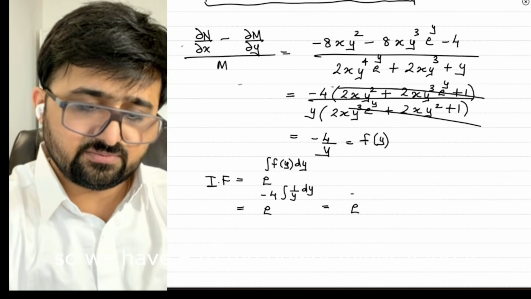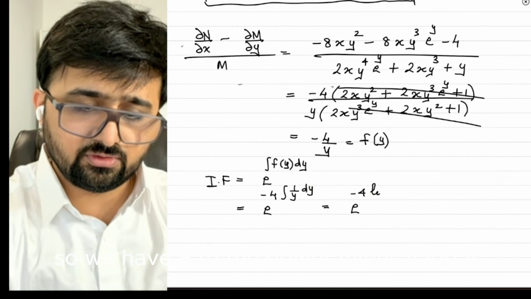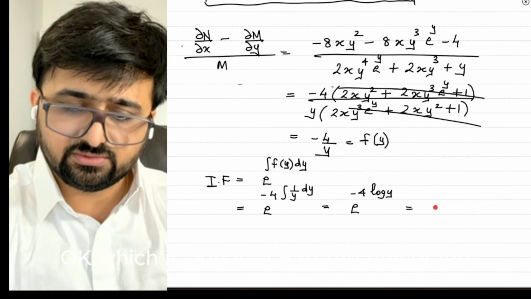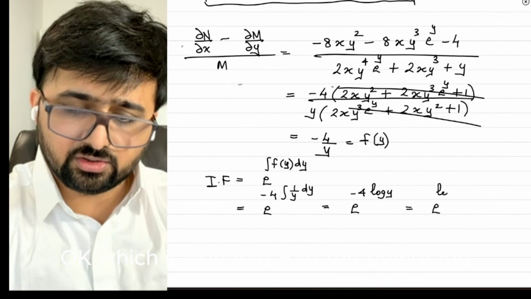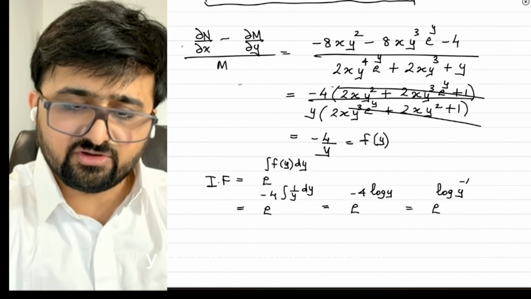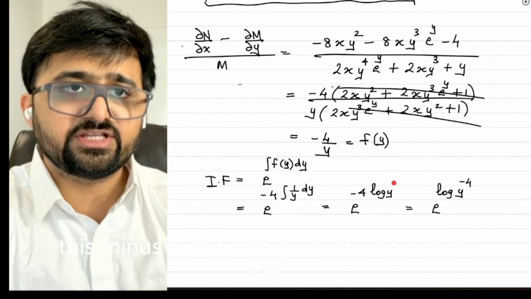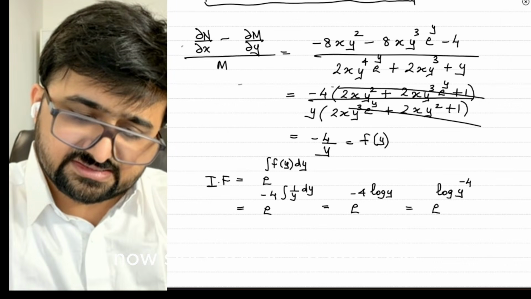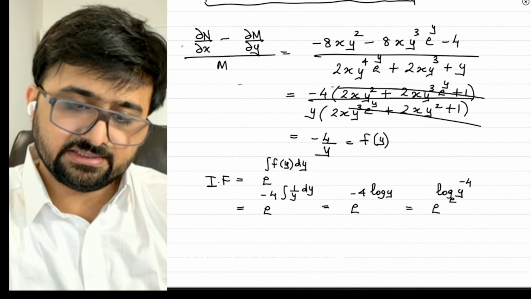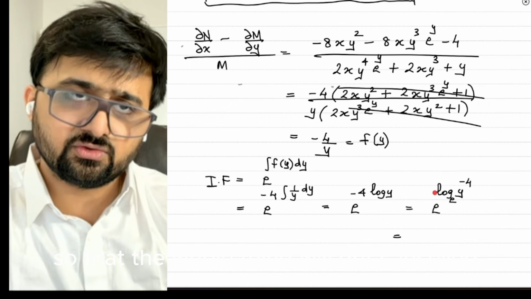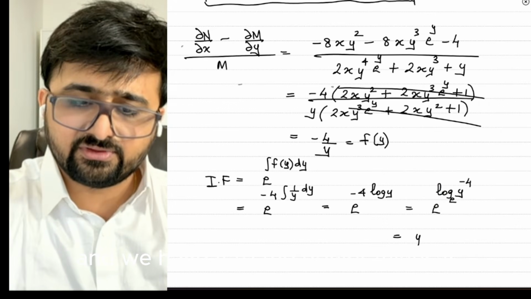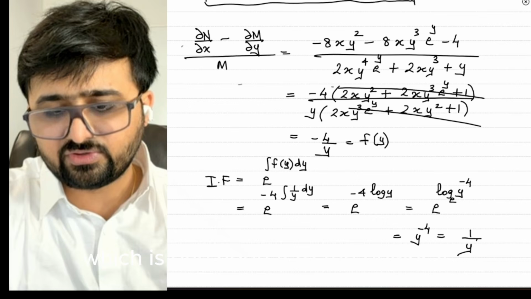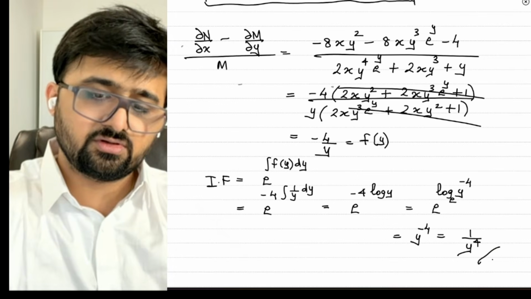So we have e to the power minus 4 log y, which is equal to e to the power log y to the power minus 4. This minus 4 can go in the power of log by the property of log. Since this is a natural log, the base is e, so the whole thing will get cancelled and we have y to the power minus 4, which is 1 upon y to the power 4.